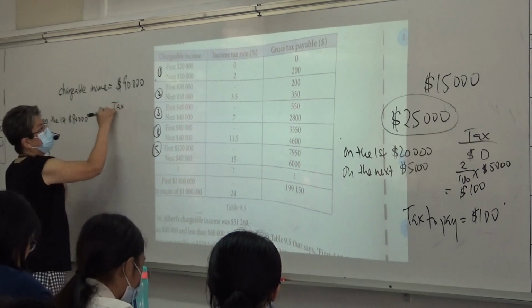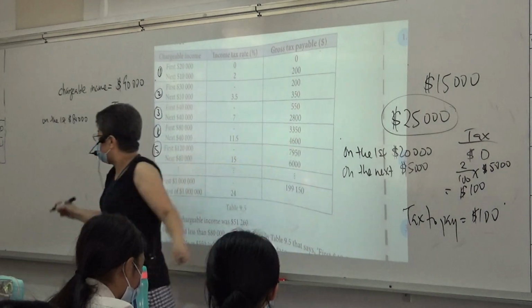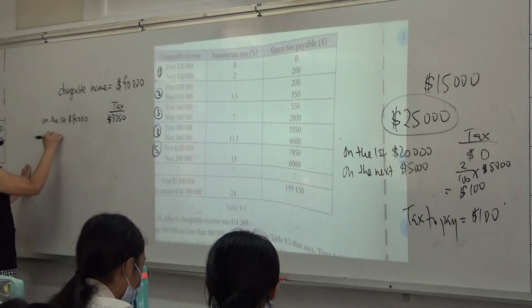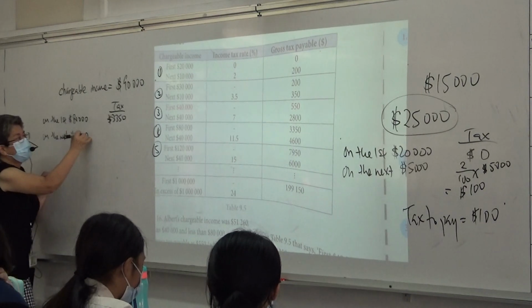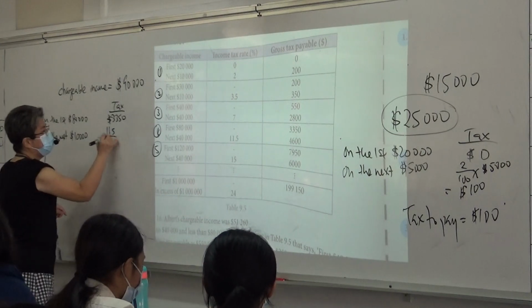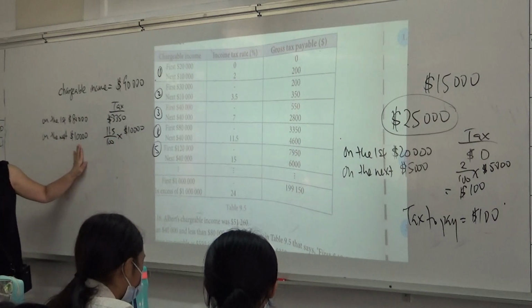80,000, what's the tax? 3350. Then on the next, how much already? 10,000 left, right? How many percent? 11.5. So 11.5% times the remainder.